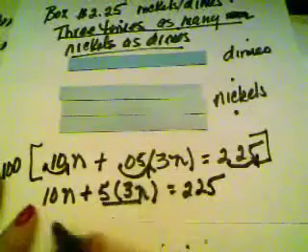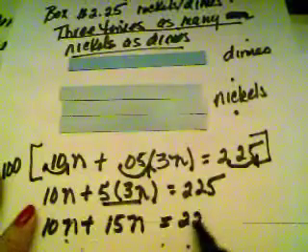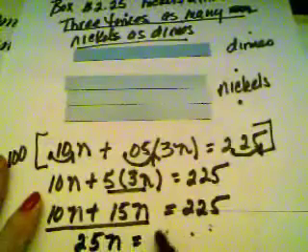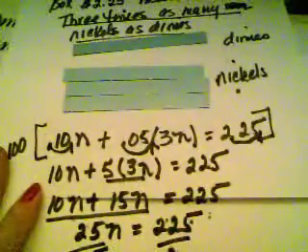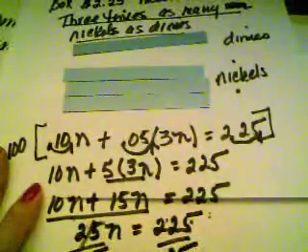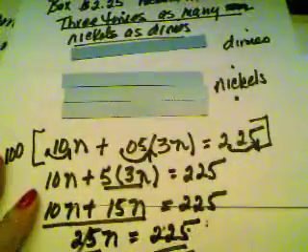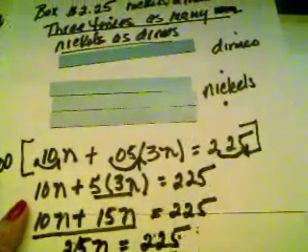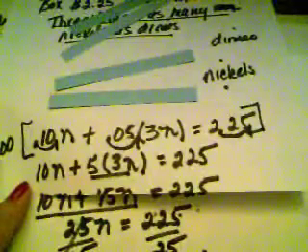First, I will multiply, combine like terms, and divide by 25. And that goes 9 times. So I would have 9 dimes, and I would have 3 times that in nickels.